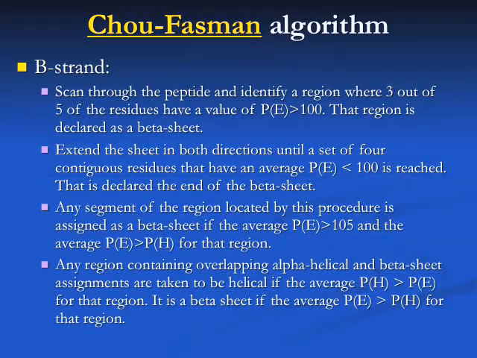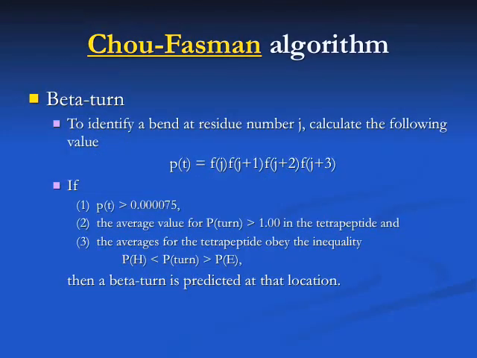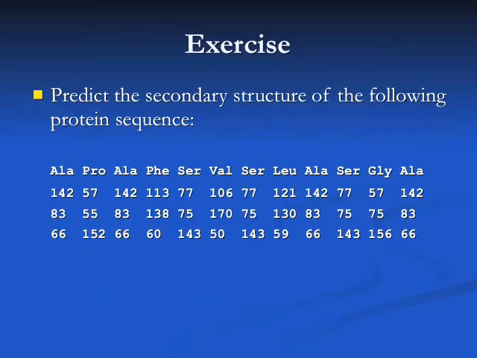For the beta strand, we're going to use a similar algorithm. We look at the Pβ, and there's a different algorithm for that. If I want to predict the secondary structure, this is the mathematics that would need to be done.